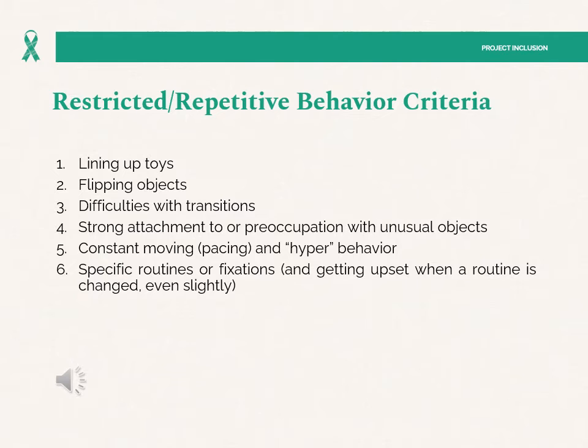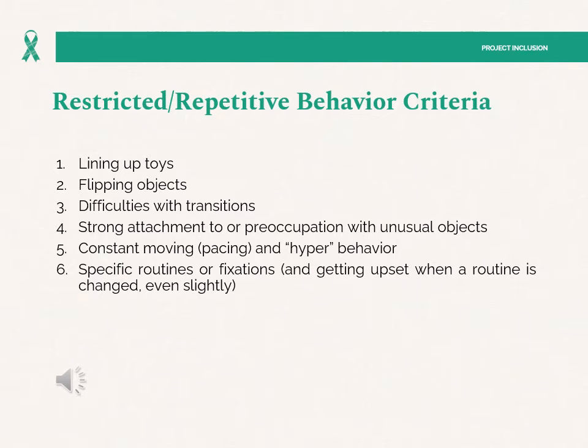Sixth, specific routines or fixations. For example, if a child, while going out of the house, maybe for a get-together or a walk, it is quite possible that the child may wear the left slipper first and then the right slipper. Similarly, while wearing a shirt, he may prefer to put his left arm first, followed by the right arm.